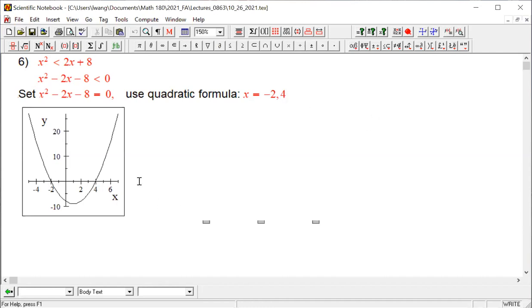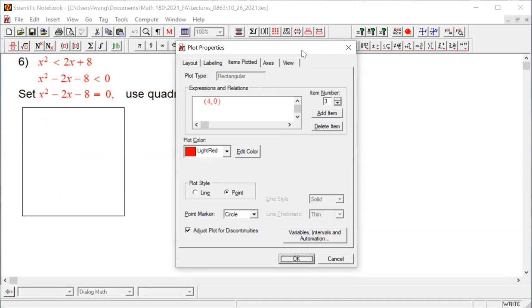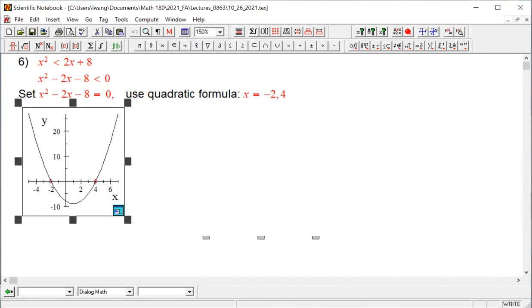Then you mark the points like I showed earlier. You mark the 2 points, -2, 0, circle, another point, 4, 0. And you can just do some markings on the picture.